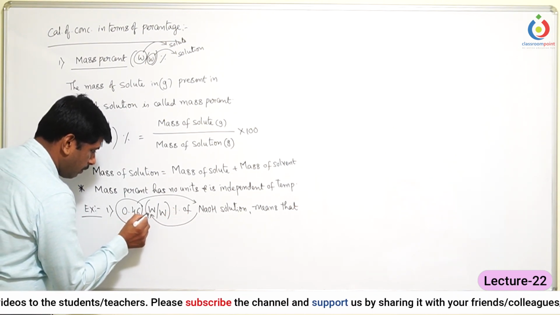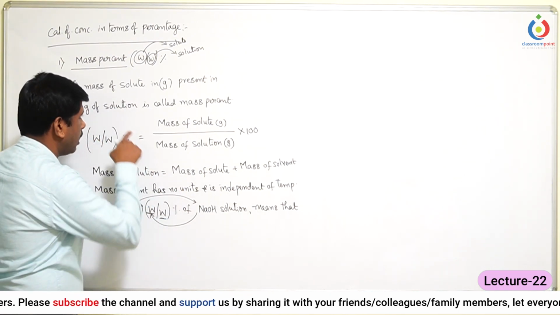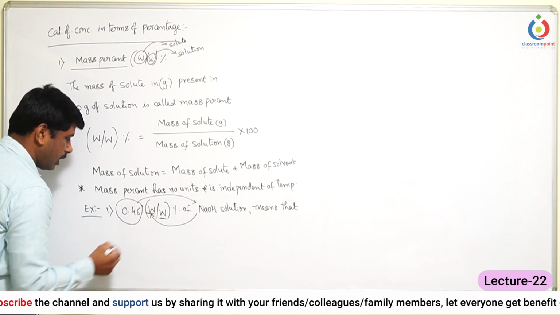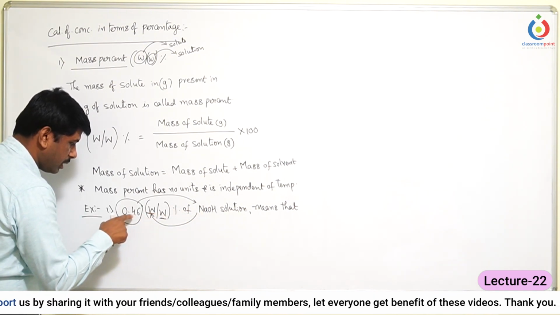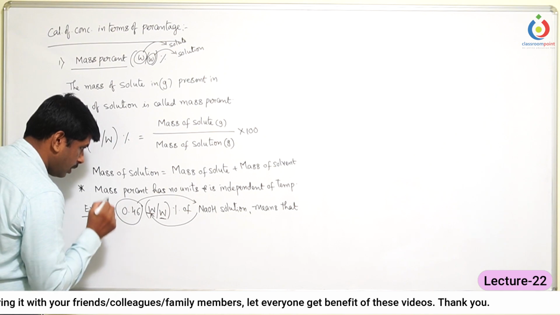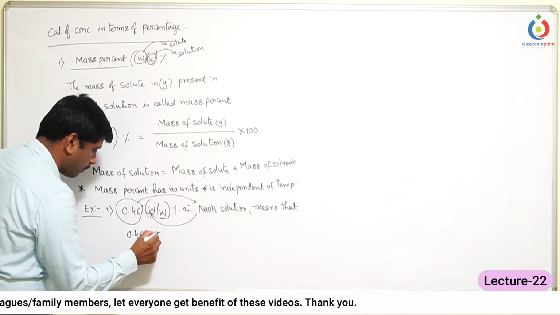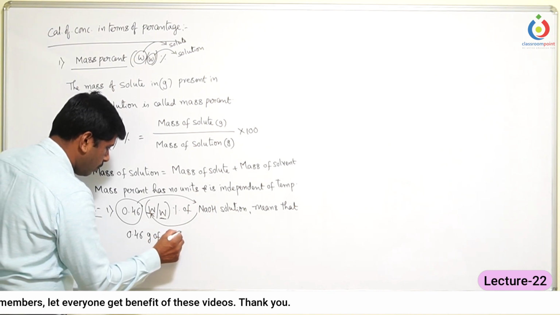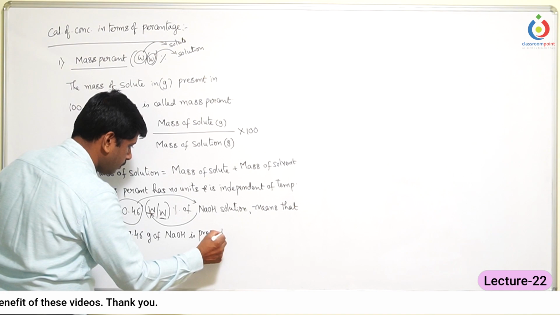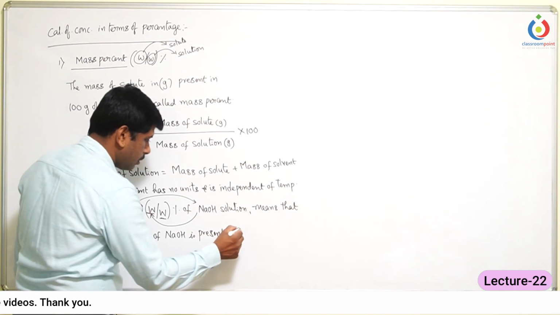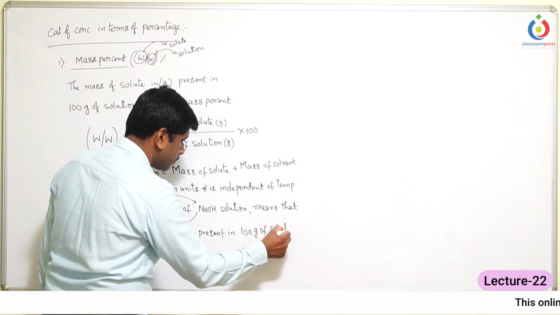This value refers to the first term. The second term is always about the 100 grams. That's why we can write that 0.46 grams of NaOH is present in 100 grams of solution.